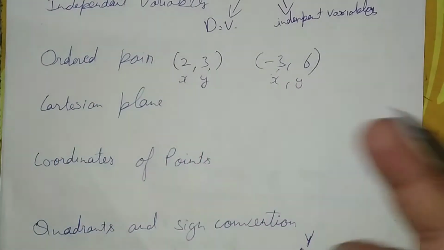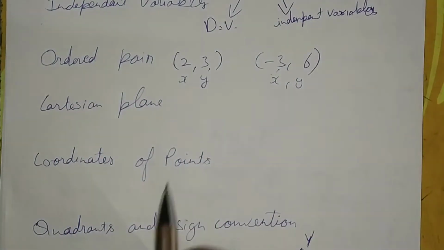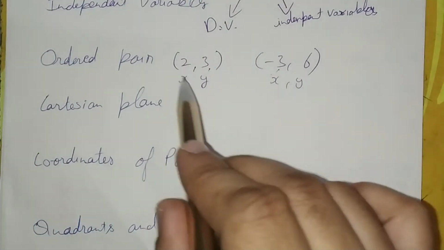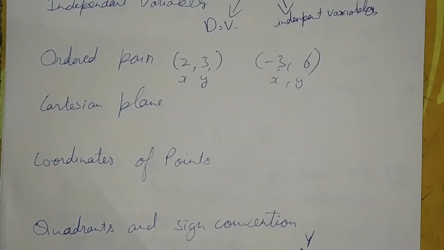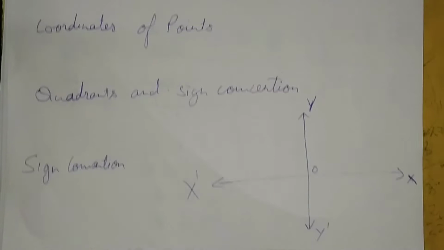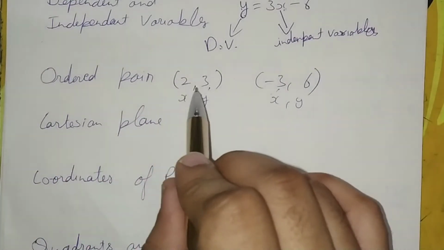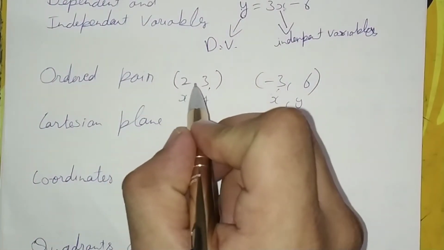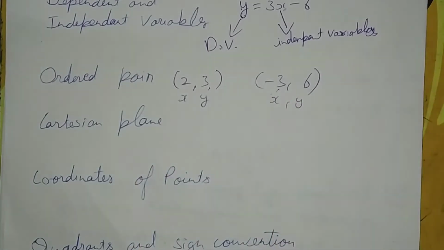This is how we write the coordinates of a point. When I draw on the graph it will be clearer, but this is just how to write an ordered pair: one number, then a comma, then another number.